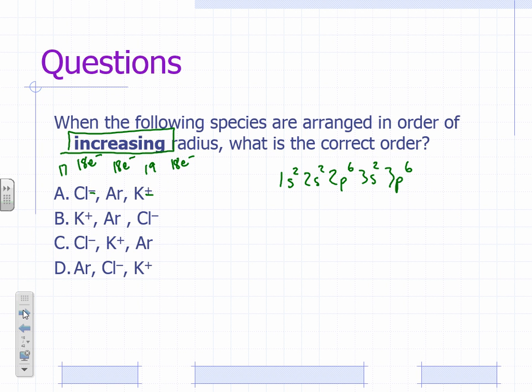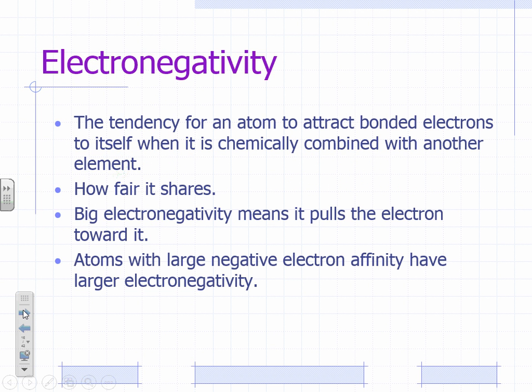And so in order of 17, 18, 19, this is an increase in nuclear charge. This would result in a decrease in radius in the order in which they're shown. But in B, we can see that we have 19 protons, 18, 17. As the nuclear charge decreases, the ionic radius increases. So this is the correct answer, B. Okay, and that's enough for this video.